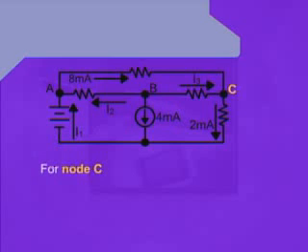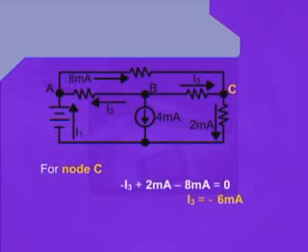That is also approaching the node C. Therefore, 3 currents are affecting the node C. The equation for node C will be minus I3 plus 2 milliamperes minus 8 milliamperes equals 0.